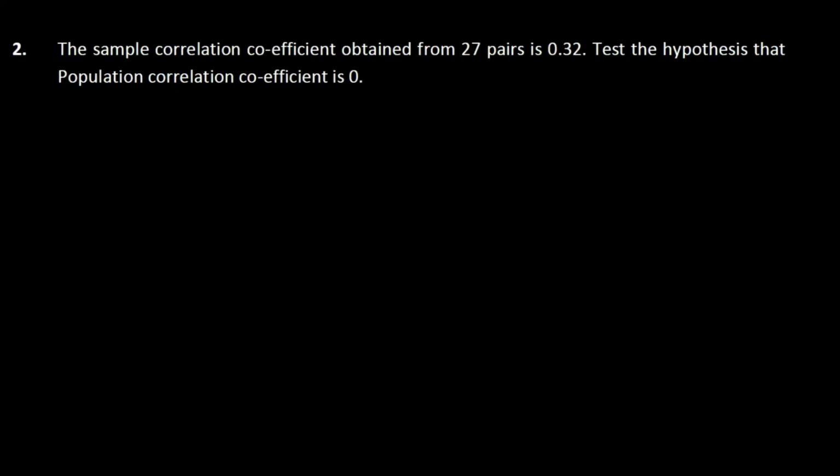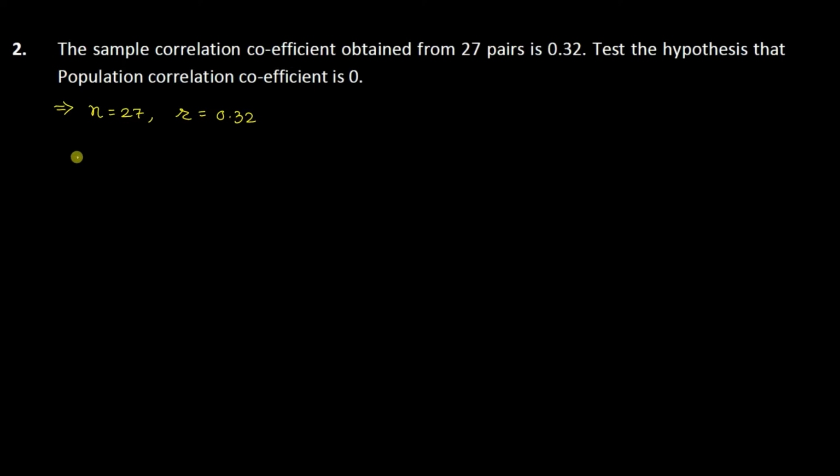Second sum: a sample correlation coefficient obtained from 25 pairs is 0.32. Test the hypothesis that population correlation coefficient is 0. First of all, here n is given by 27 and r is given by 0.32.